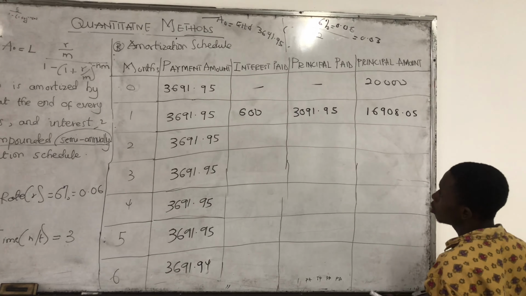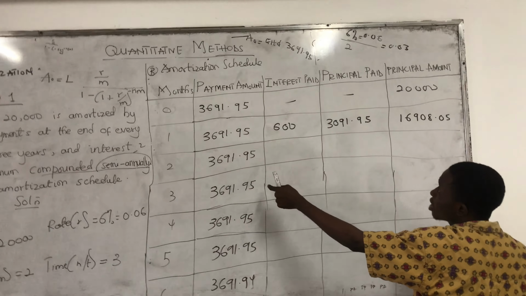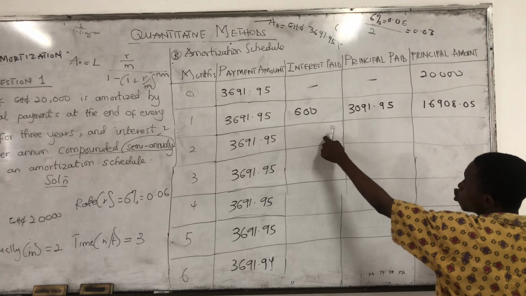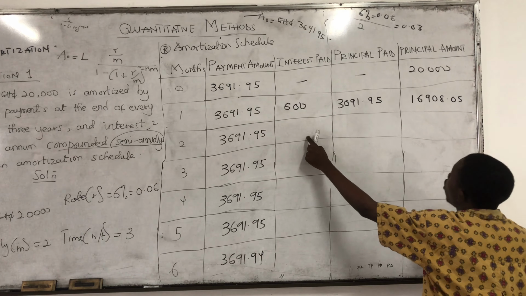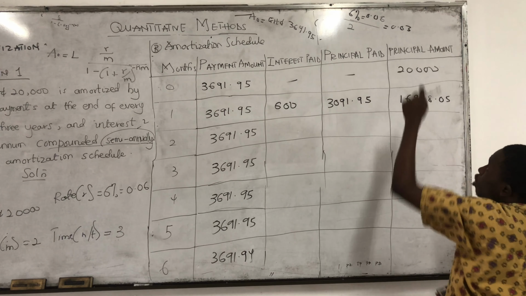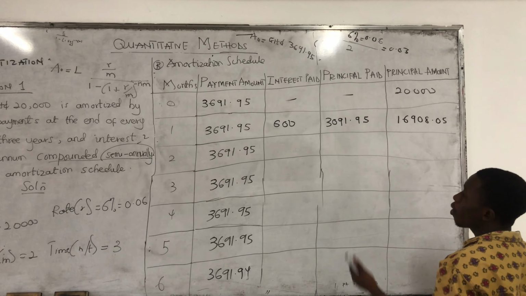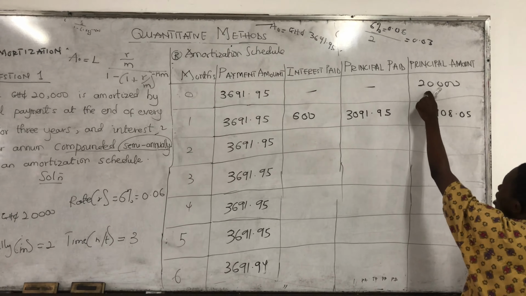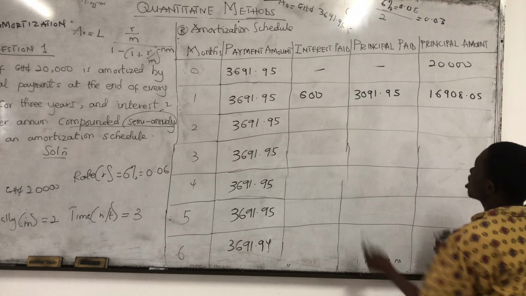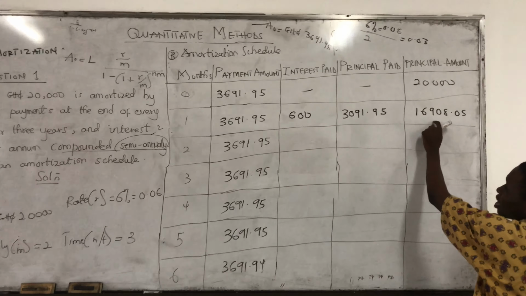16908.05. Now, with month 2, if you also want to get the interest paid, we are still going to pick the actual rate we have, which is 0.03. But we are done with the 20,000. So for our new interest paid for month 2, we multiply the 0.03 by the new principal amount we had in month 1.